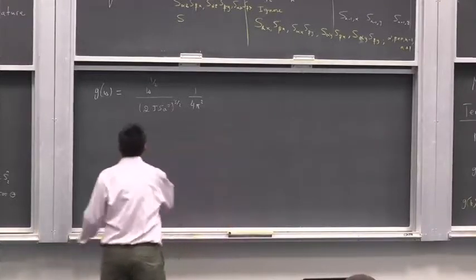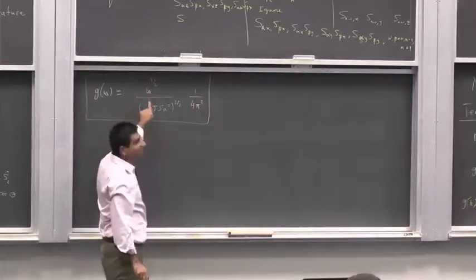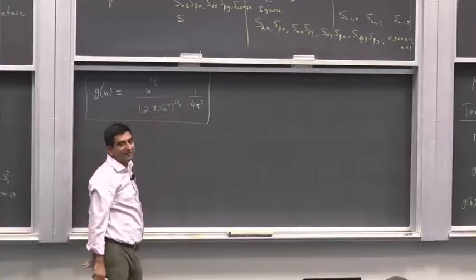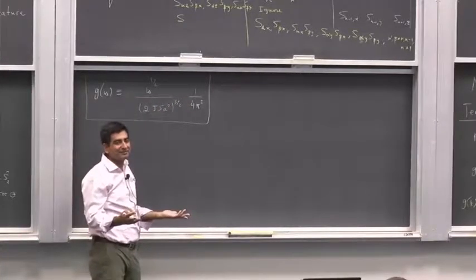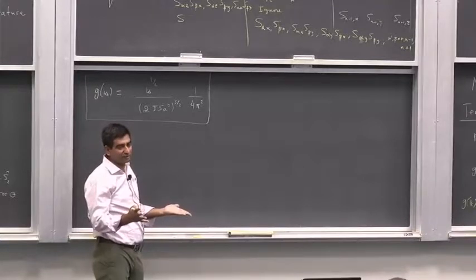So this is my G omega. The important thing to notice is that it's proportional to omega to the 1/2. This is what you observe for electrons as well in the free electron model.